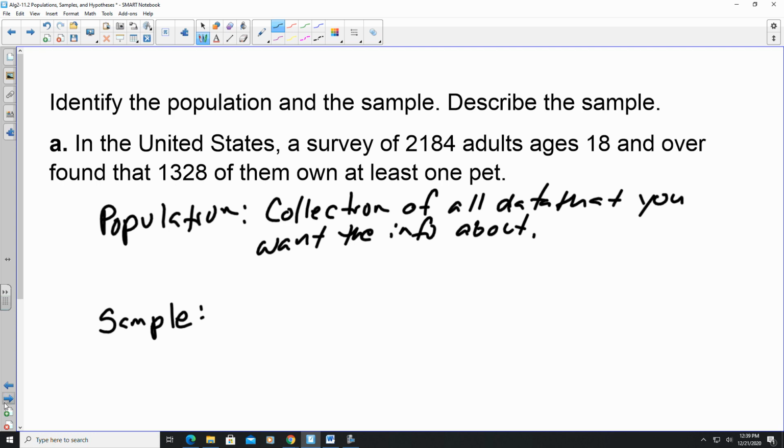For instance, in this example, it says in the United States, a survey of 2,184 adults ages 18 and over found that 1,328 of them own at least one pet. So the population that we're looking at is going to be all adults ages 18 and over in the US.